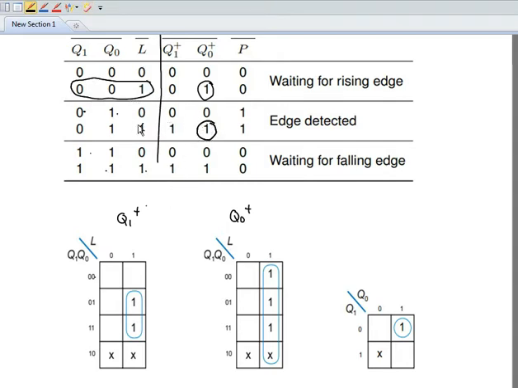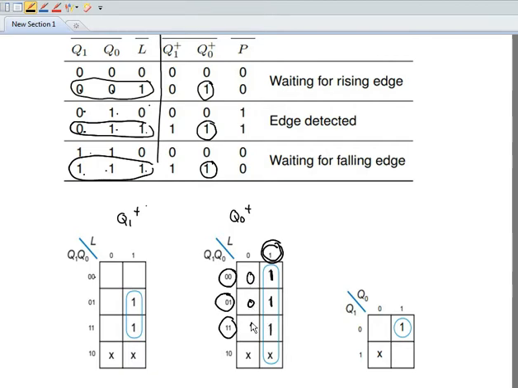So 0, 0, 1. Okay, so put a 1 here. 0, 1, 1. Put a 1 here. 1, 1, 1. Put a 1 here. And the rest are all 0, right?